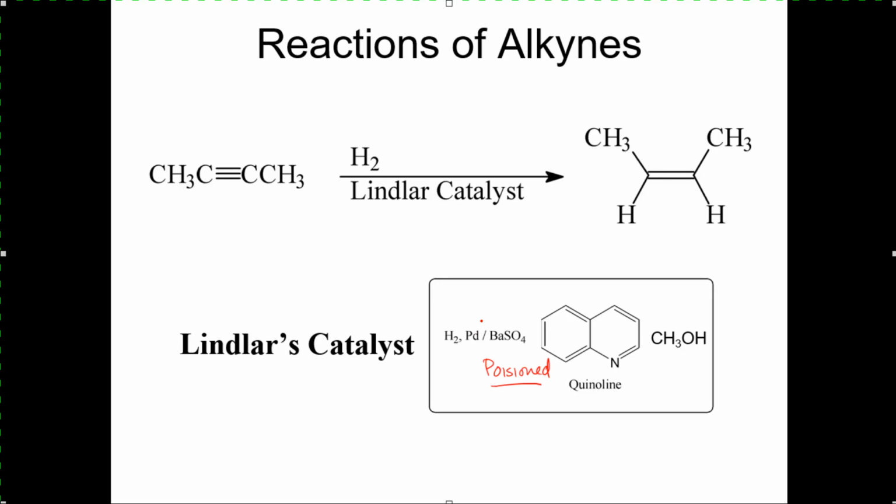metal catalyst. What they do is take the palladium and add to it barium sulfate, some quinoline, and there are other molecules. If you look in the textbook or online, there are various formulations of this. But the idea is that I made my palladium metal less reactive as a catalyst.